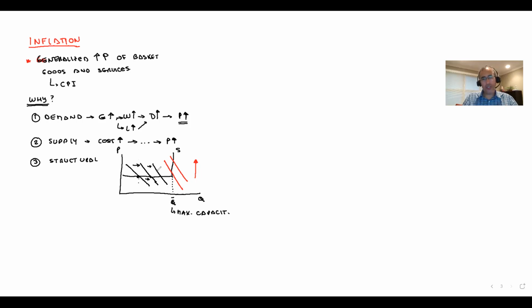In the USA, you have such an amount of capacity that inflation is very, very mild. But eventually, if demand starts increasing, not only American demand but demand from all over the world for American products, this can happen or not. This is normal. So this is what is called the structural way of creating inflation.